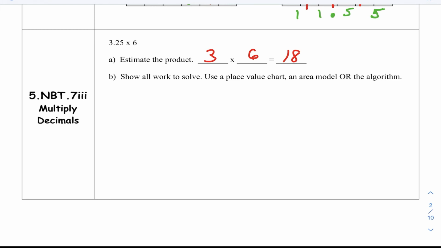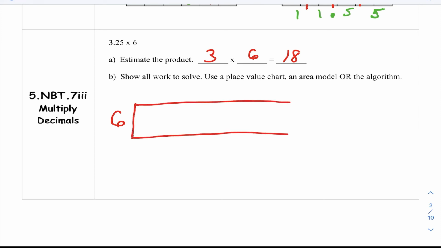Okay, in solving this one, I'm going to use an area model. So when I set it up, I'm multiplying by 6, so I'm going to put a 6 here, and I'm going to draw my box. And if you look, my number has 3 place values. So I have 3 ones. I have 2 tenths.